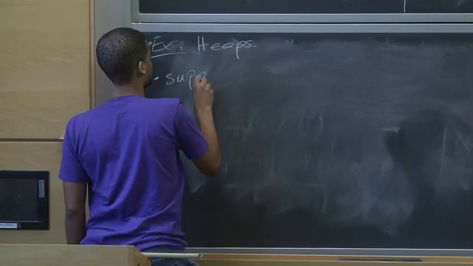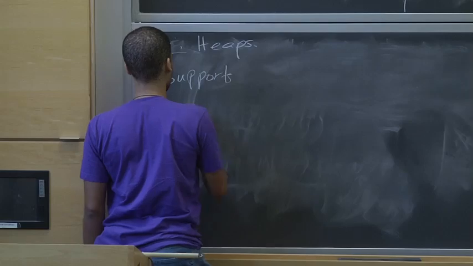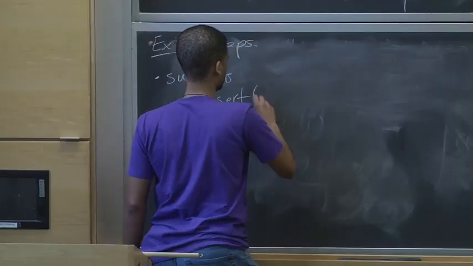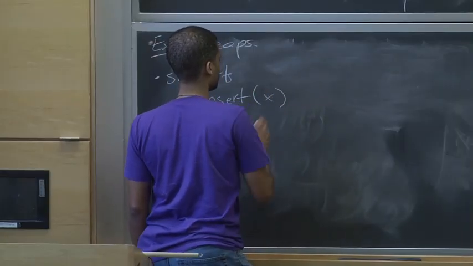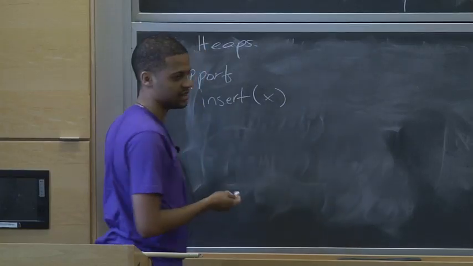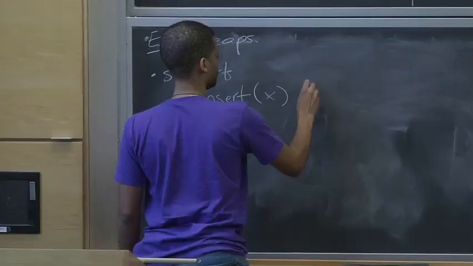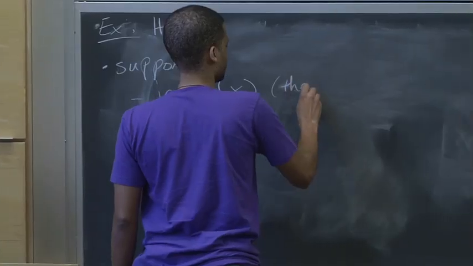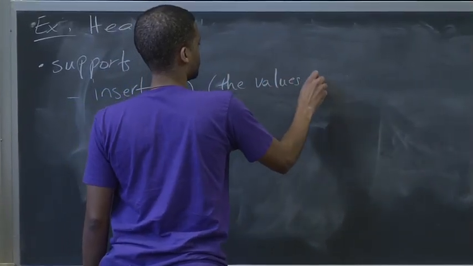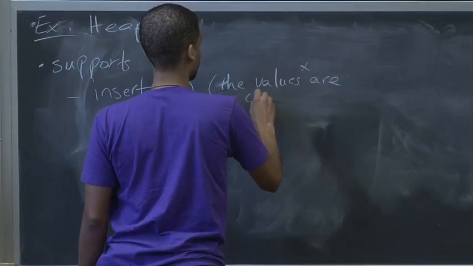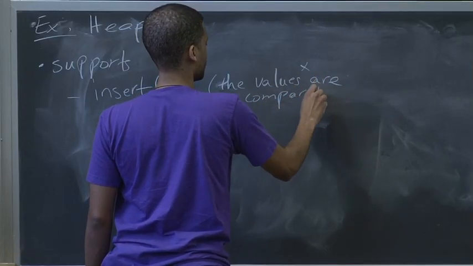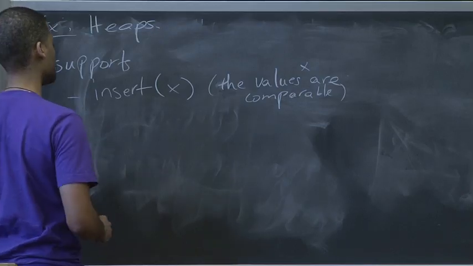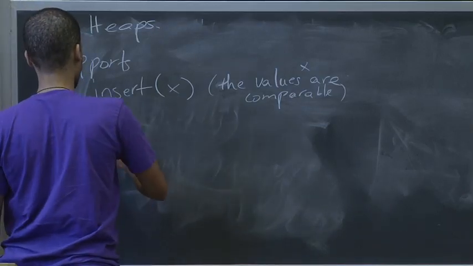It supports insert x, where it just inserts into the data structure. The values x are comparable, so you can do less than and greater than on x's. There's some total ordering on them. You can also do delete min.